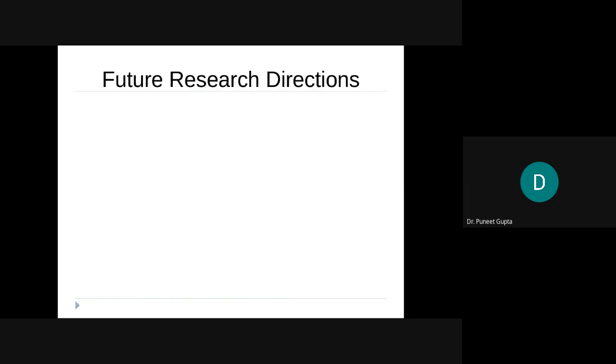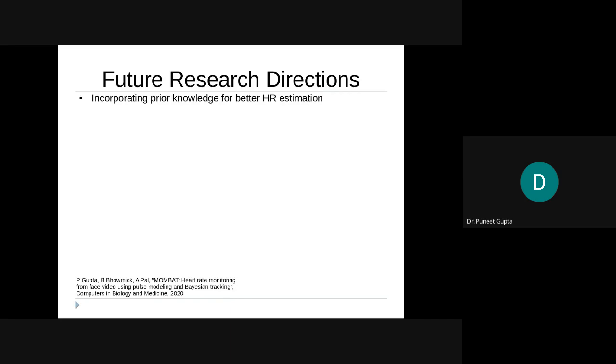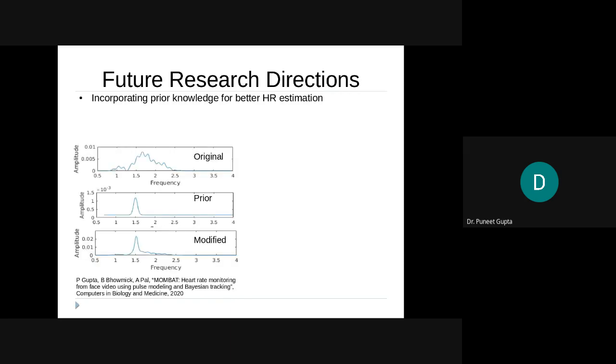And there are future research directions as well. So first one is incorporating prior knowledge. So this is what it means. In my recently published paper, what we have done is, let's say we have a complete video. We divide it into different windows, and then we analyze each window to extract the heart rate.